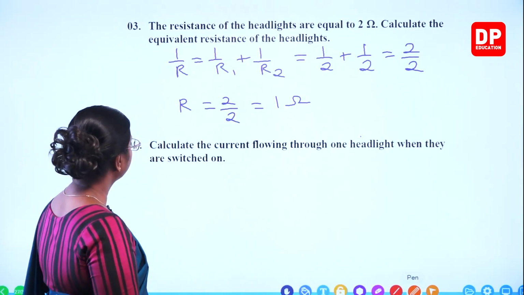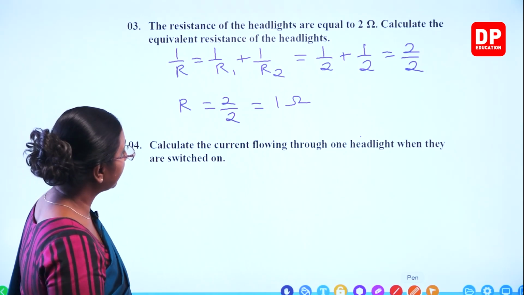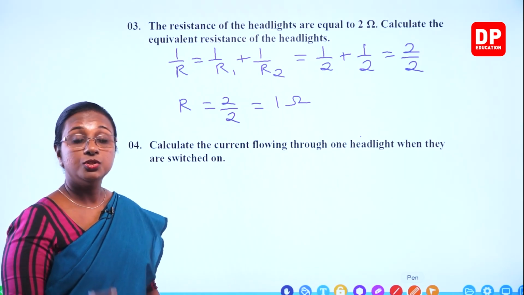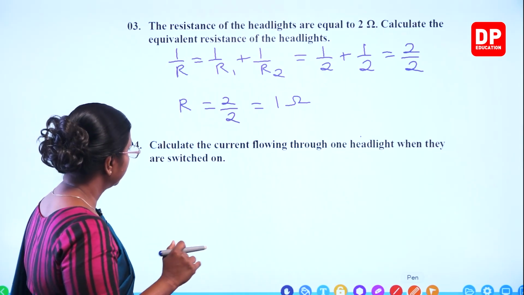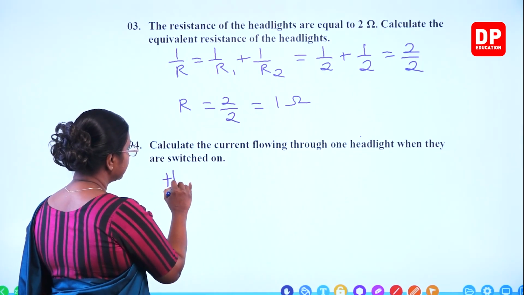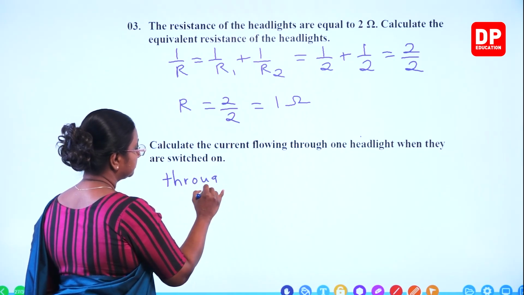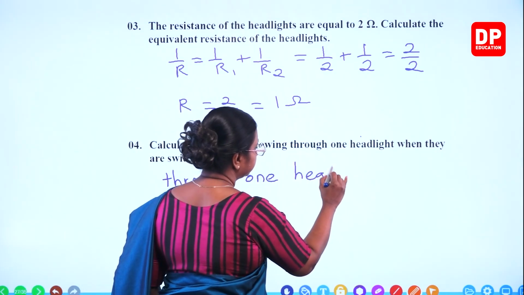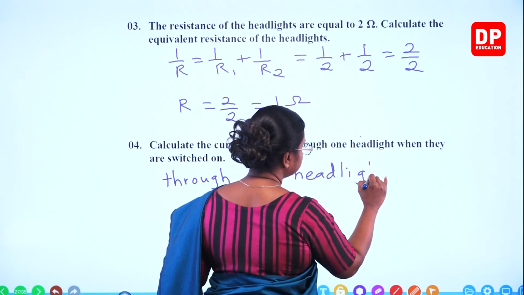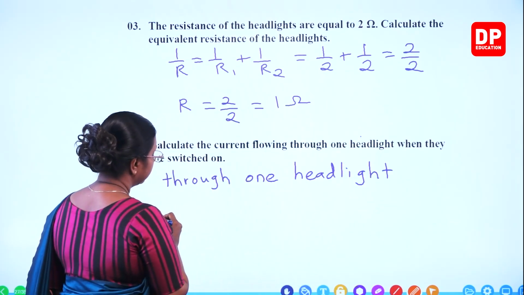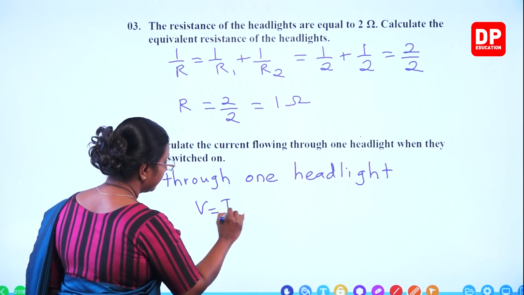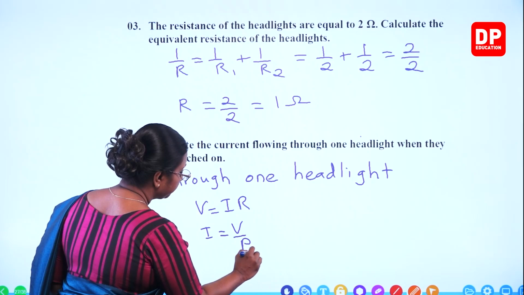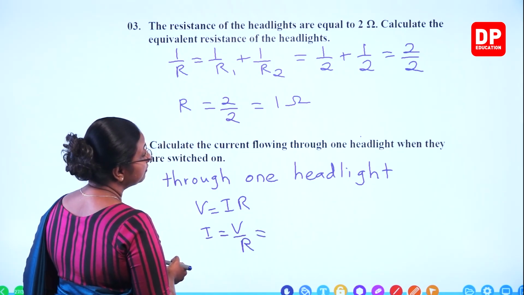Then the fourth part. Calculate the current flowing through one headlight when they are switched on. Through one headlight only. So through one headlight, what is the current flow? V equals IR. I is equal to V over R. What is the potential difference?